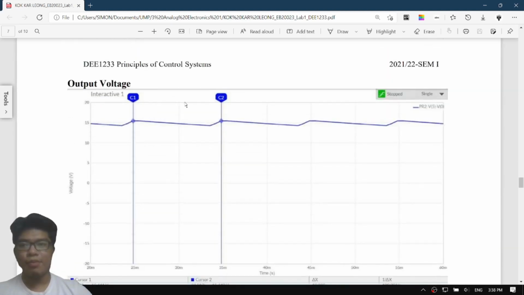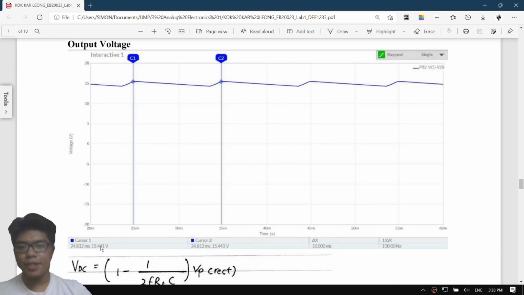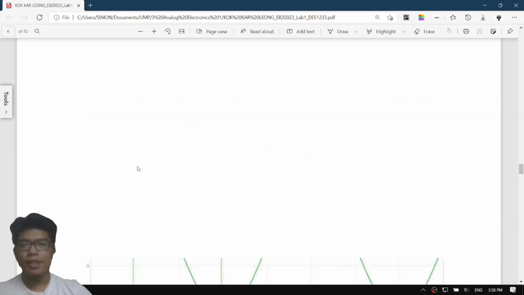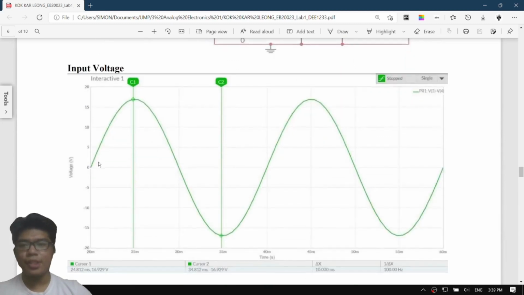But for the output voltage, the peak is 15.441, while the curve itself does not drop below here, so the voltage is relatively constant, unlike the input voltage, which rises from 0, rises to the top, goes back to 0, and goes to negative.